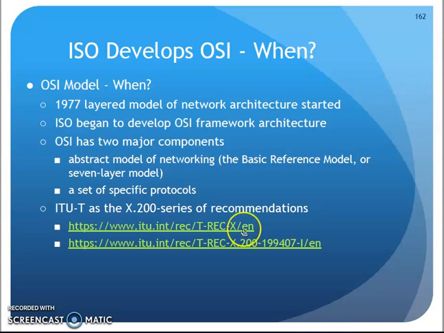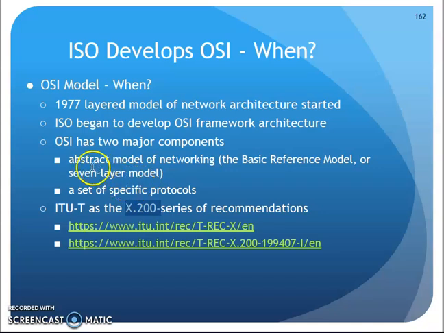And I can go look at the X.200 recommendation here from the ITU-T. ITU-T is a subgroup of the United Nations for international telecommunication issues, if you will. Their recommendation, the X.200 recommendation, is what instituted the OSI model and its set of protocols.